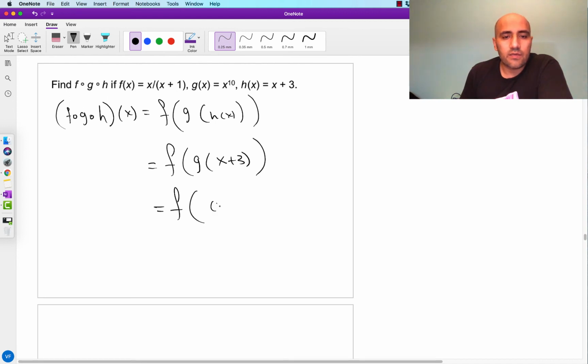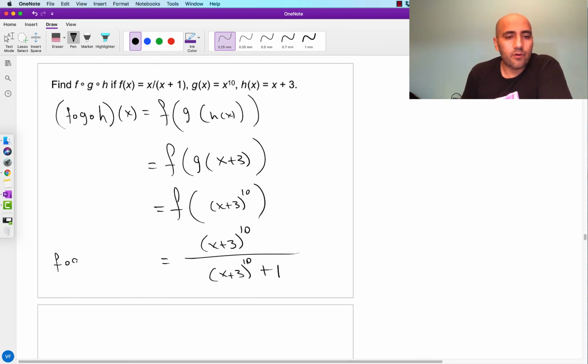So this is going to be x plus 3 raised to the power of 10. And finally, the f function says whatever the input is, do the input divided by the input plus 1. So our final answer is going to be (x + 3)^10 divided by (x + 3)^10 plus 1. Right, so that would be f composed with g composed with h evaluated at x.